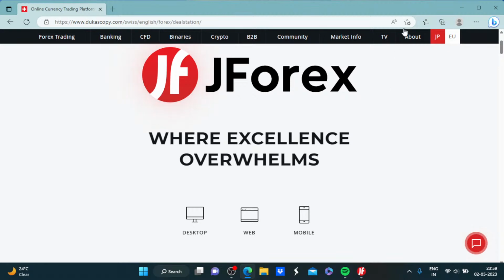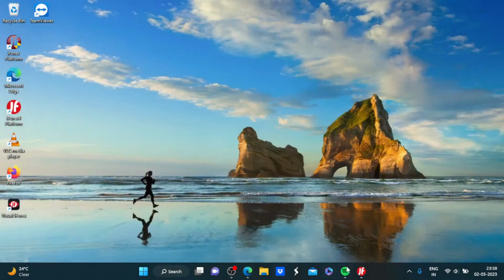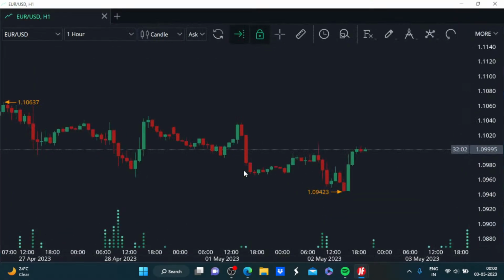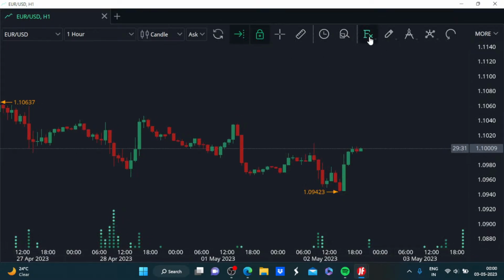So let us now head to JForex 4, the newly released trading platform from Dukascopy Bank SA. This is the chart of the Euro USD with each candle period defined as hourly.